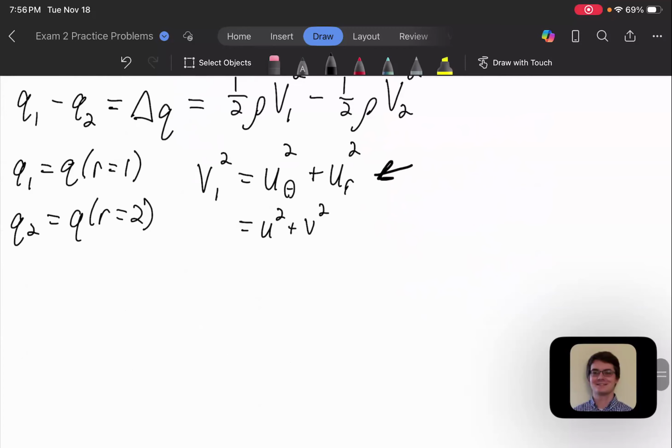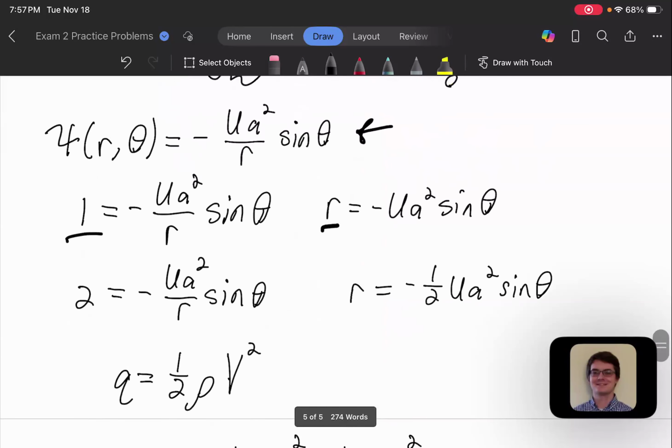So if we do that, what we get is u theta equals, what's the equation for u theta from the stream function in cylindrical coordinates? Here you go.